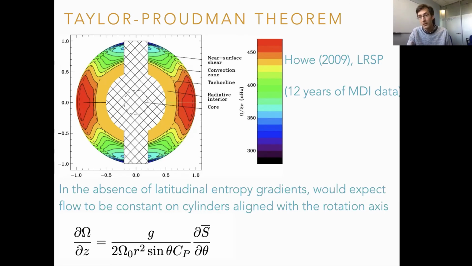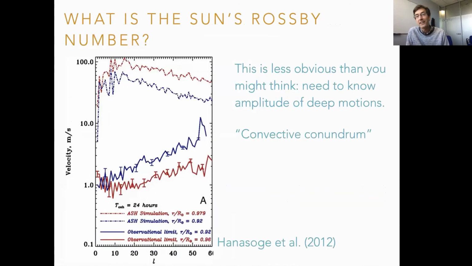Alternatively, we've assumed that the Rossby number is small and the Ekman number is small. It's maybe interesting to know that the Rossby number of the sun is also a subject of some debate right now, because it has a typical convective velocity in it. If you want to estimate the Rossby number of the sun, you need to know what that velocity is.